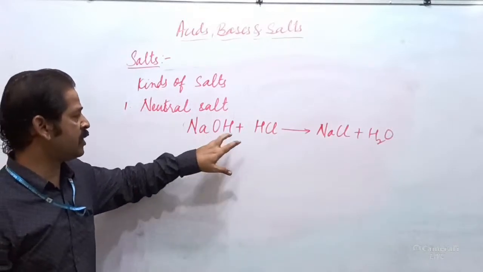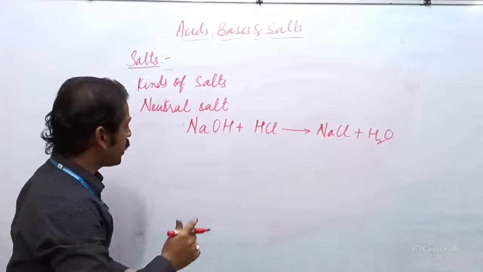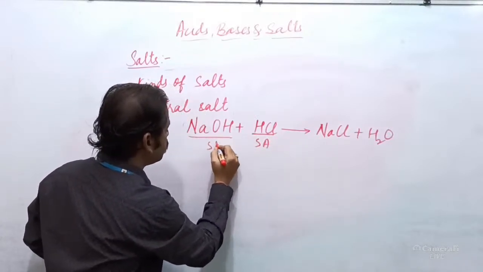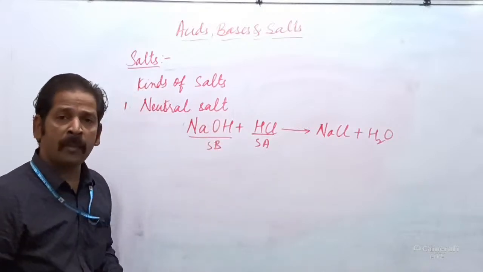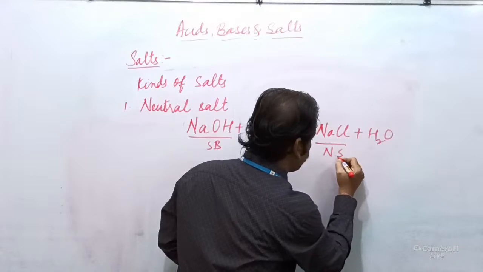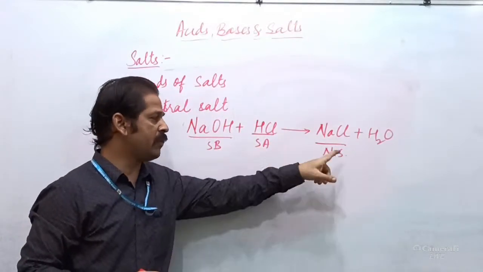A strong acid and a strong base form a neutral salt. Yes, a strong acid and a strong base give a neutral salt.